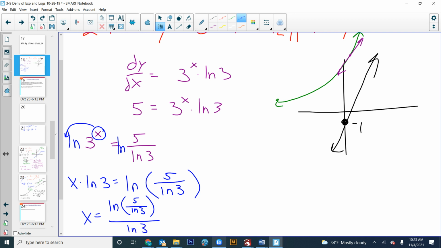Beautiful, huh? That would be the x value where the slope on that is 5. Now, we would use a calculator. We would have used a calculator probably at that point.